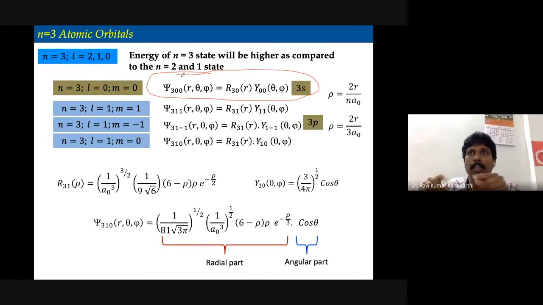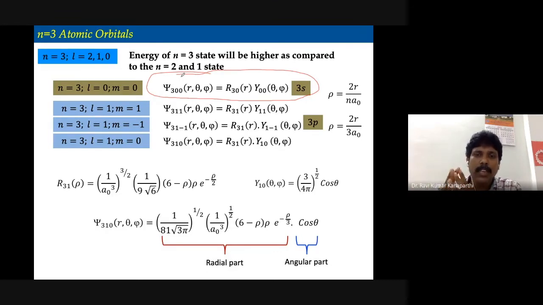Why? Because when L is equal to 1, M can be 0. In that situation, that is the 2pz orbital we have discussed. So the spherical harmonics of the 2pz is exactly the same as the spherical harmonics of the 3pz. Why? Because the L and M values are identical.